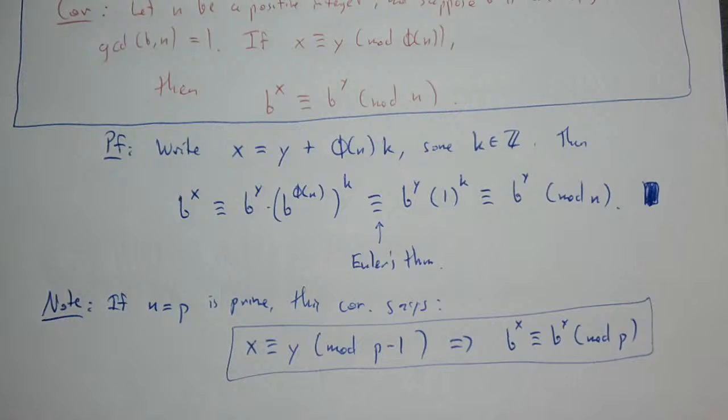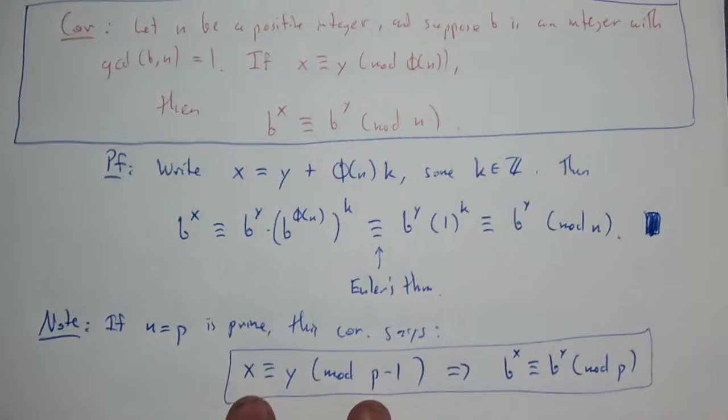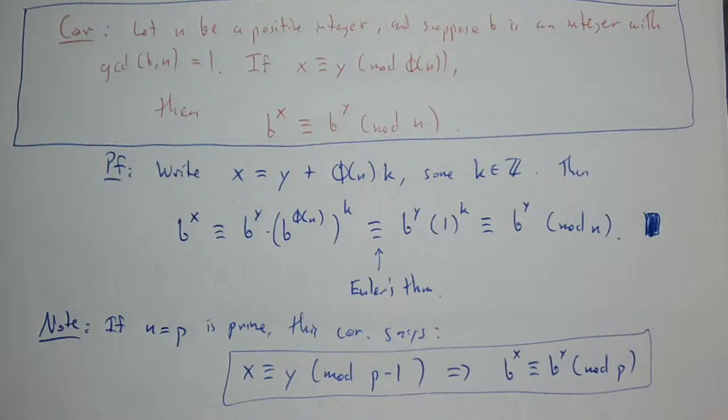So this new corollary of Euler's theorem is a more general statement. It specializes to the statement that we were familiar with before if you substitute a prime for the positive integer in here. This reduces to that previous corollary.